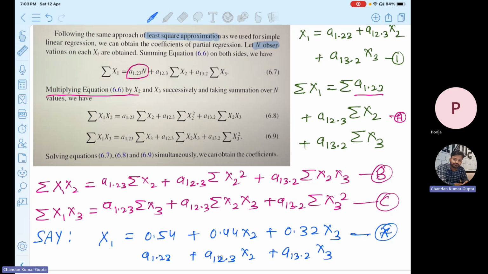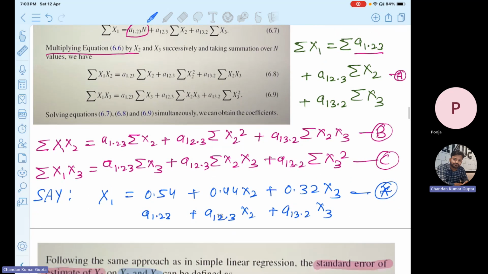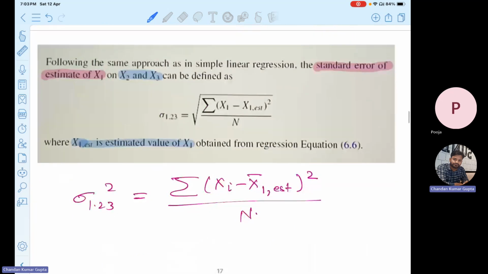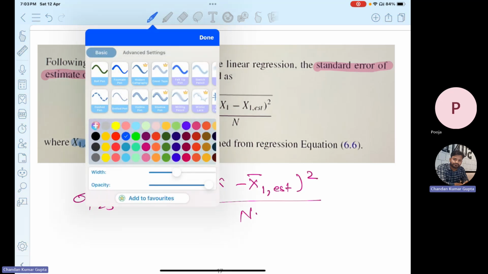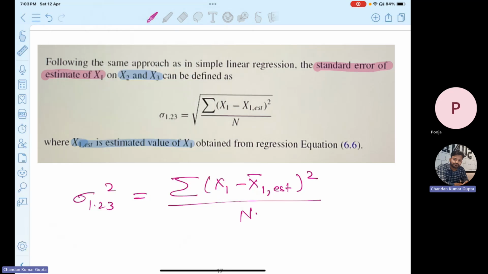This equation is the modeled value. The estimate for the given values of x2 and x3 is x1 est, the value from the model, and the actual value is x1. So it is x1 minus the estimated value, the difference squared, then divided by n.